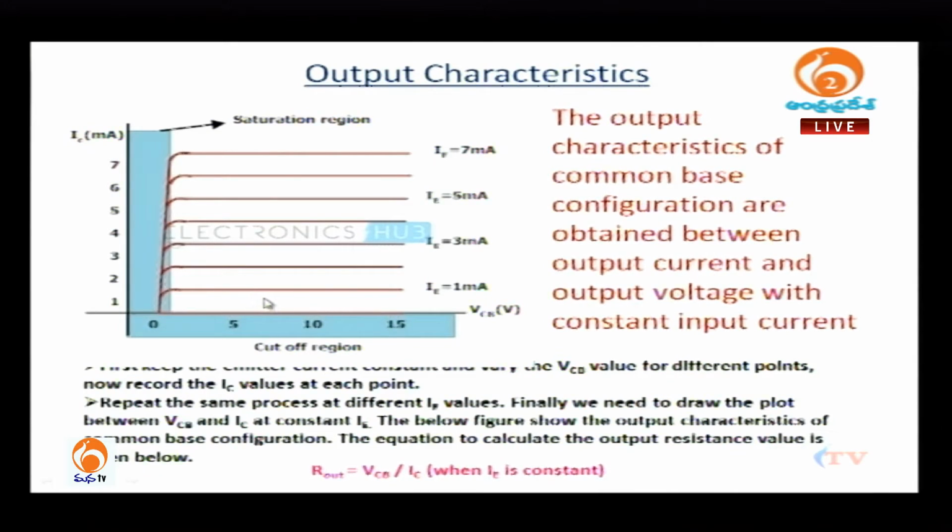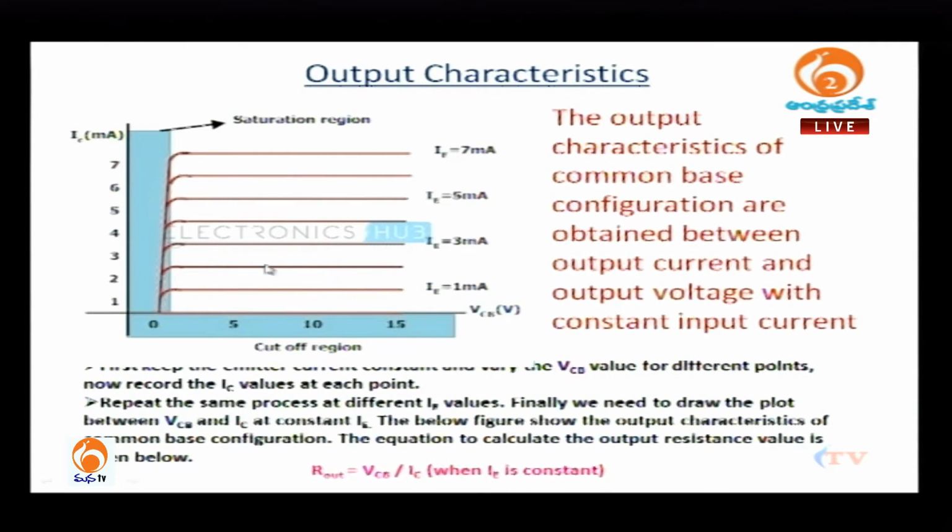That means the output current depends only upon the input current, but not on the collector to base output voltage. If we keep increasing the emitter current, the curve shifts upwards.